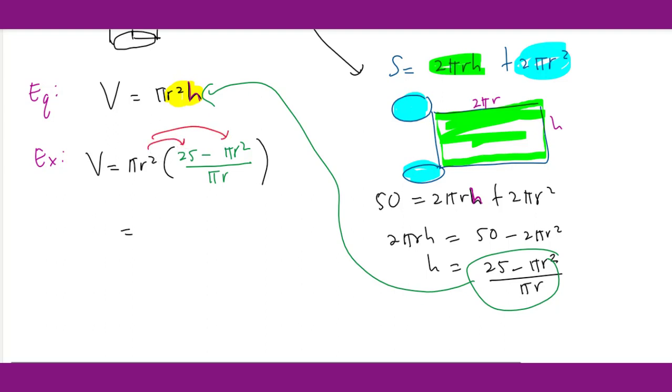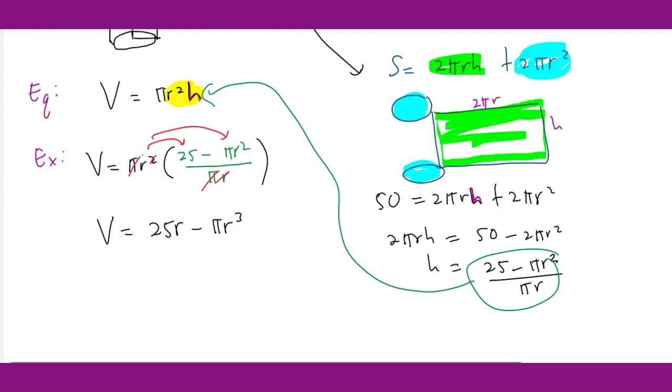Cancel this one. We cancel. So it's r times (25 minus pi r squared) over pi r, and V is equal to 25r minus pi r cubed, and we settle for EX.